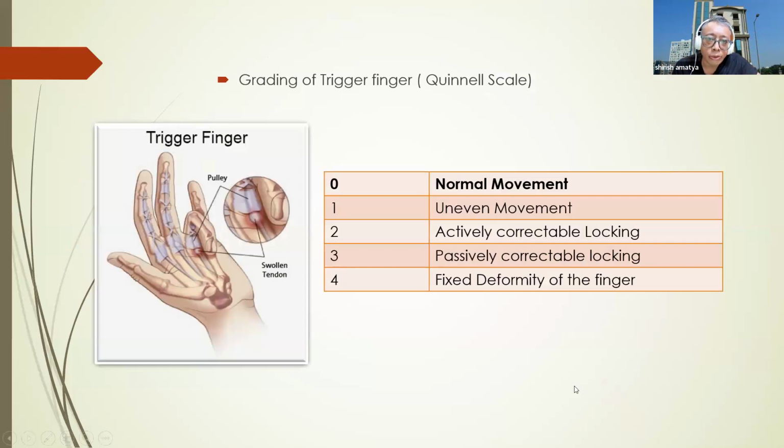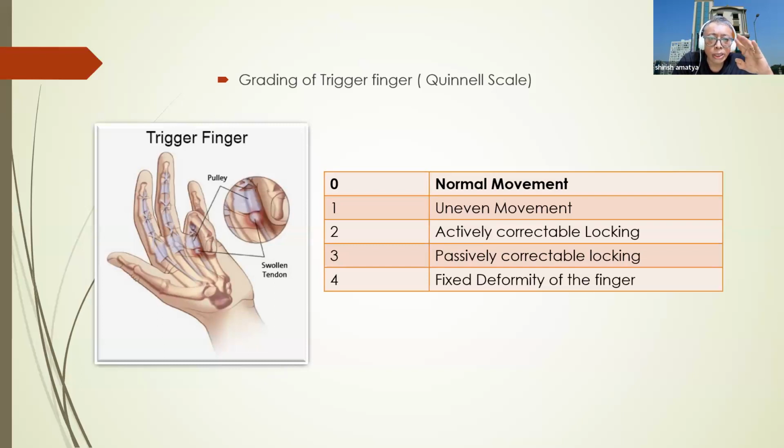There is one grading done by Quinnell, and the Quinnell scale is in front of you. He has graded trigger finger into 5 different grades. Grade 0 means normal movement of the finger, mainly flexion.